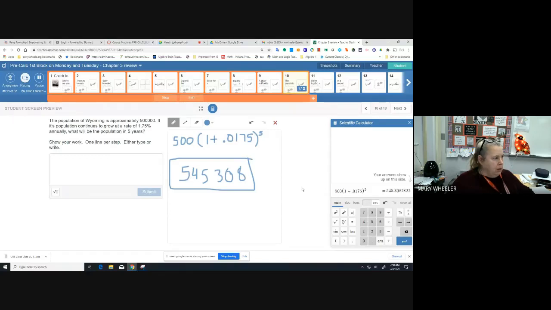So their population's going up, not a whole lot. I'll go ahead and open up the next screen. When I see the majority of the people on there, I'll go to it.